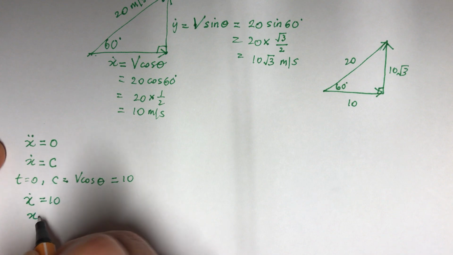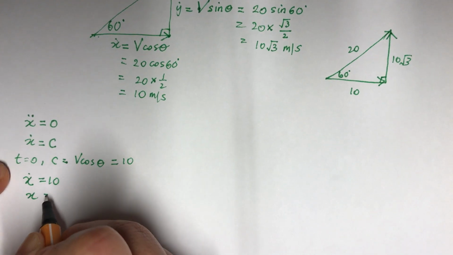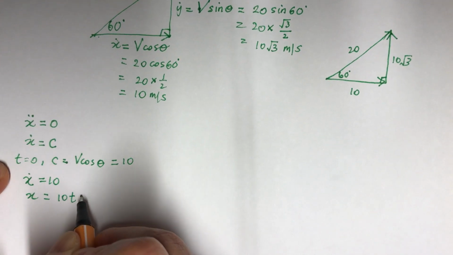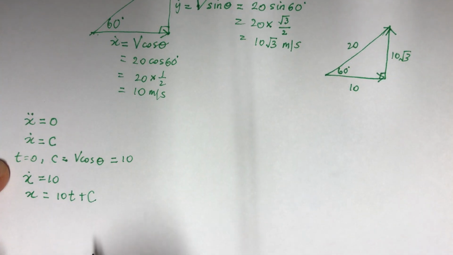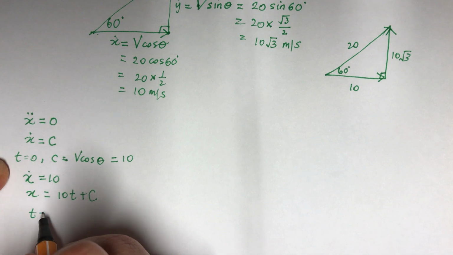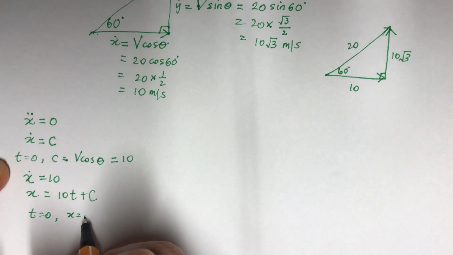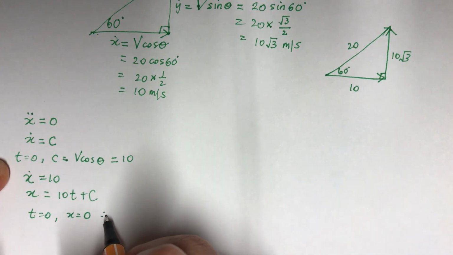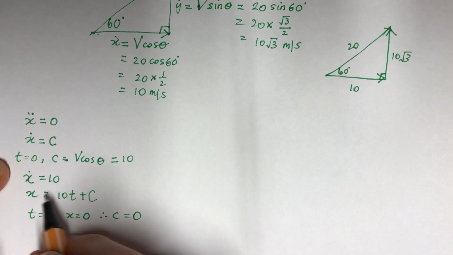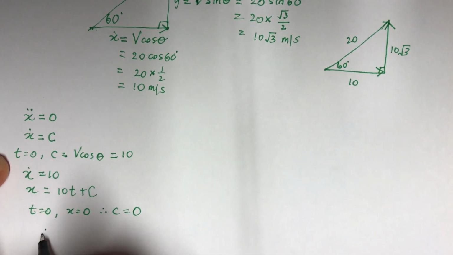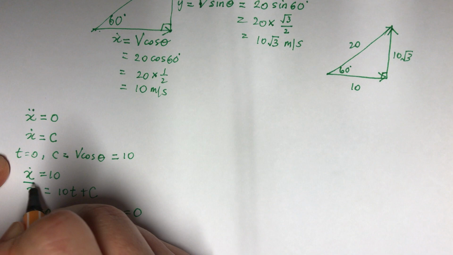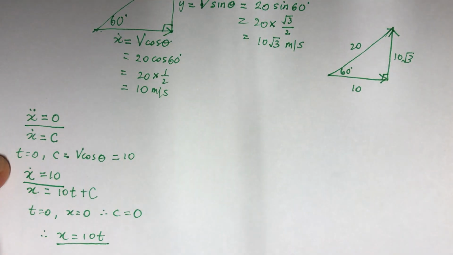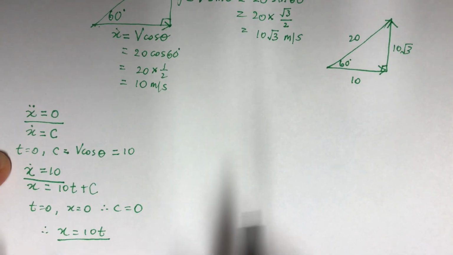Now x equals 10t plus c. It's a different c, but I'm just going to call it c. When t equals 0, x equals 0, so c is also 0. Therefore, x equals 10t.